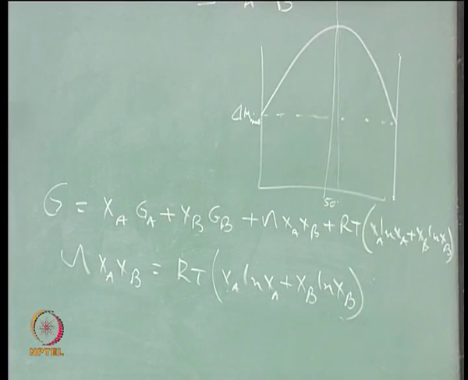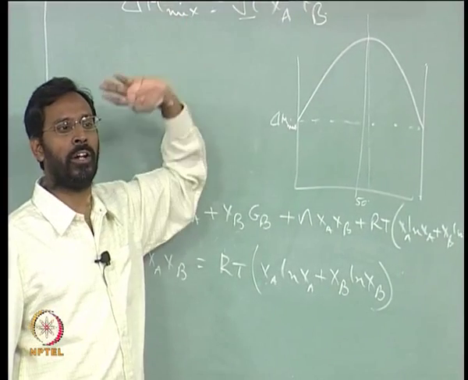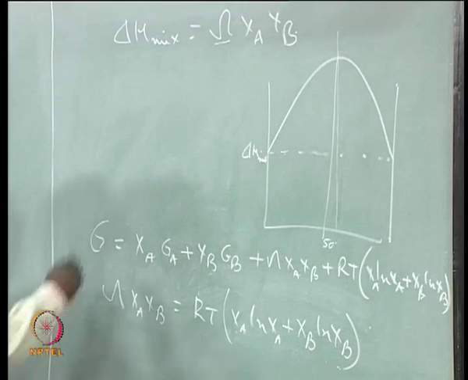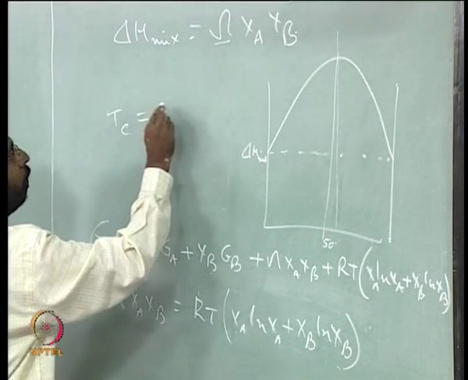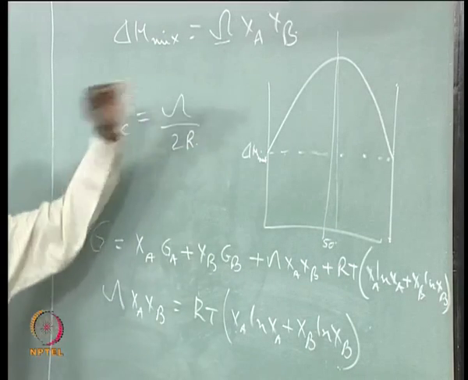Of course, this holds under situations where it is following a regular solution model, because we have already assumed that it is a regular solution model. Once we assume that and put a condition that it is happening at XA equal to XB equal to 0.5, you would get an expression which is Tc equal to omega by 2R.